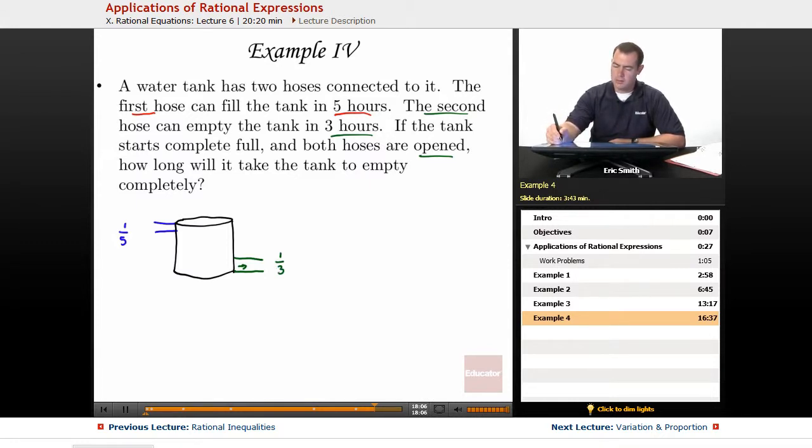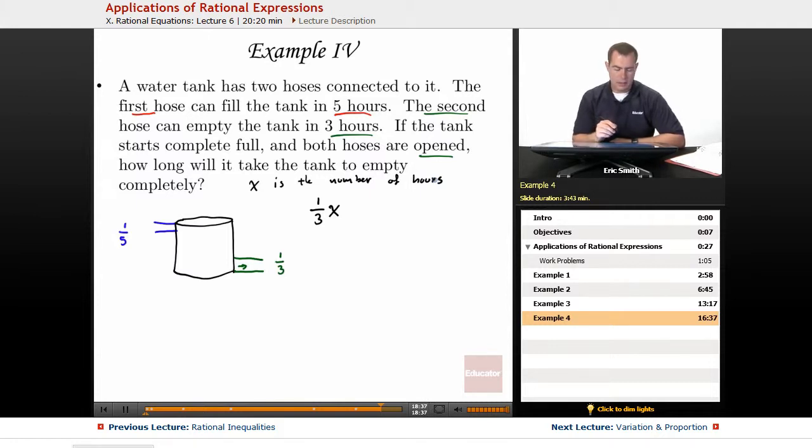Alright, so let's see what we can do to set this one up. The first thing I want to consider is how much of the tank is going to be emptied every single hour. Starting with the 1/3, I know that every hour that passes by, 1/3 of it will be emptied out. So x is the number of hours.